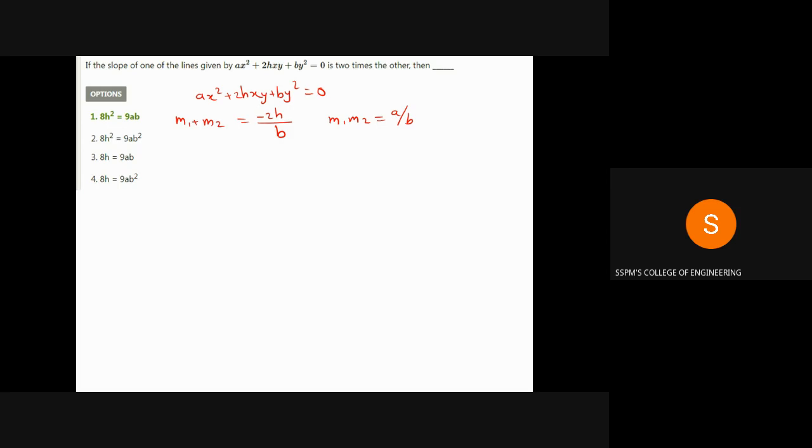If the slope of one of the lines is two times the other, it means m1 is equal to 2 times the other. Slope of one line is two times the other.